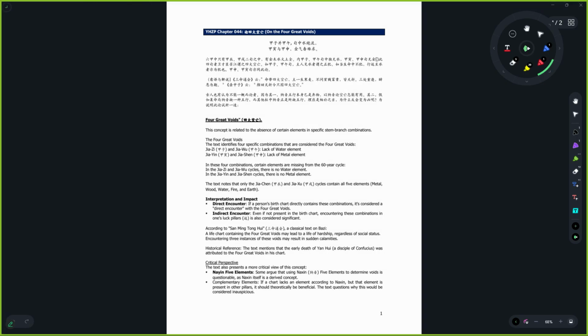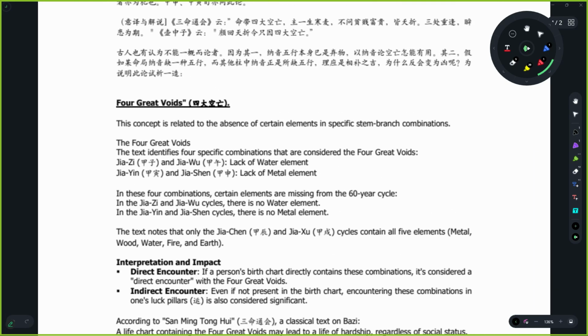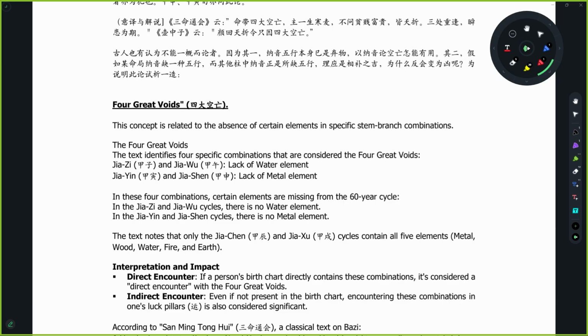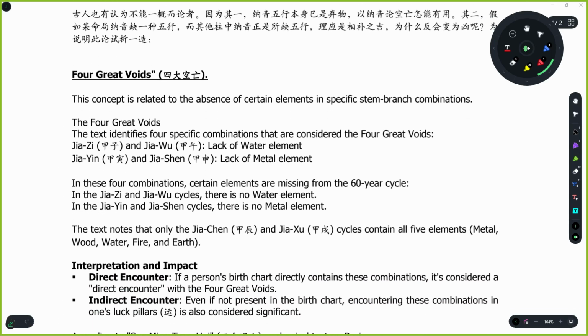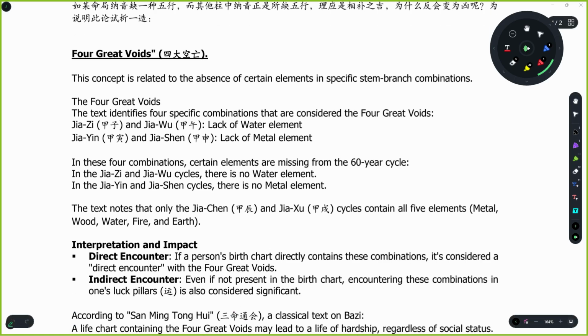Now as we move on to chapter 44. In chapter 44, these may be considered very, very specific stem branch combinations.